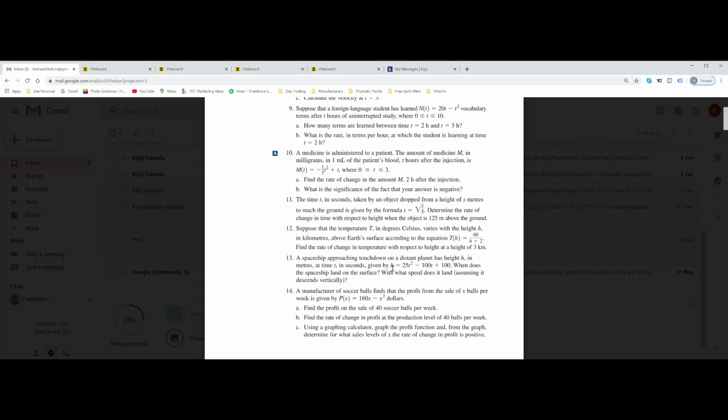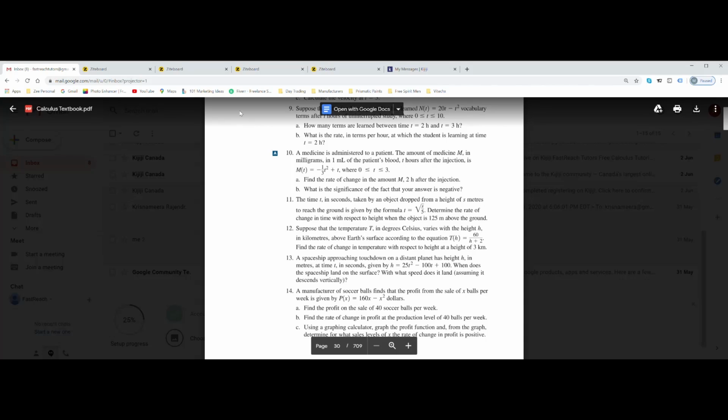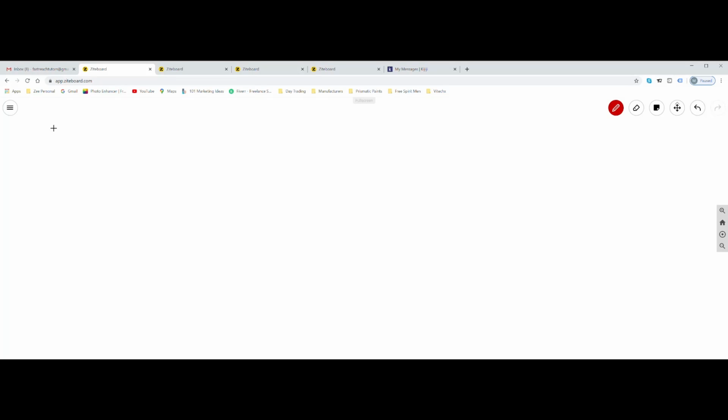That's when the height is 0, it would have reached touchdown, and the speed would be 0. So we need to find this one, 25t squared minus 100t plus 100.